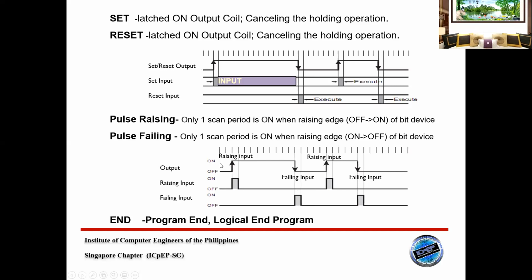This is my output; when it turns on, it gives me this pulse. This is the falling edge: when the output falls, it also gives me a signal, like one scan. Okay, so that is the end of the logic.